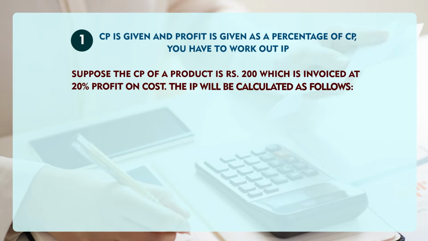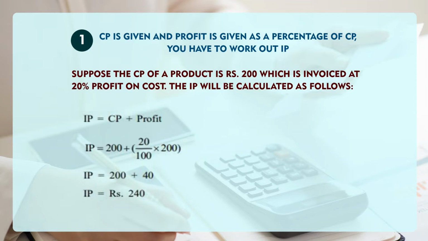The equation is invoice price equals cost price plus profit. Cost price is 200, plus profit of 20% on cost. So IP is 200 plus 20% of 200, that is 40. So the invoice price is 240. It is very simple.